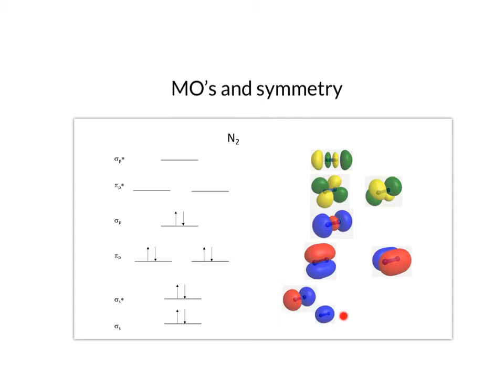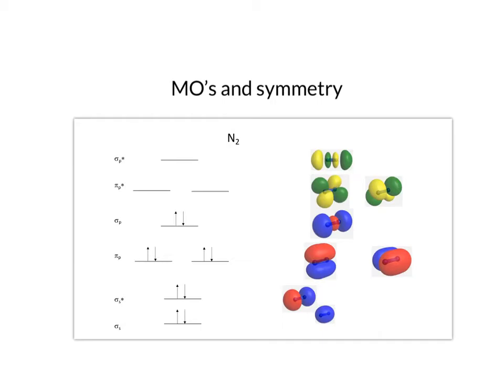So we can define a reducible representation for each one of these possible shapes, and then we can reduce it to get the irreducible representation for each of these molecular orbitals that we have used to describe our molecule. And in this case, we have sigma symmetry for these, we have pi symmetry for these, and sigma symmetry for these.